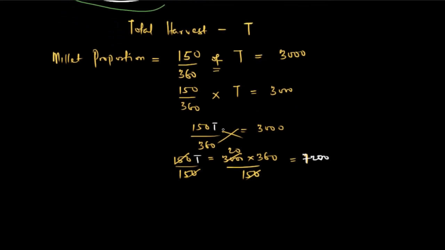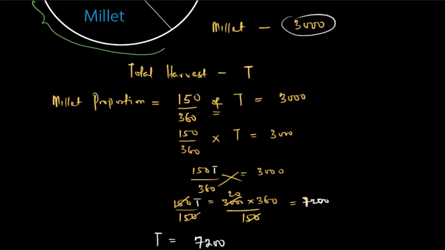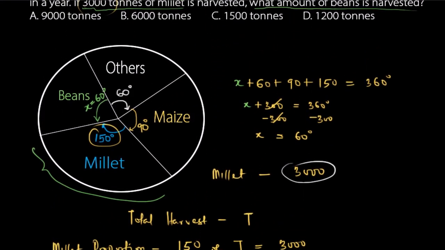So the total harvest, T, is 7,200. Now we know the total harvest.